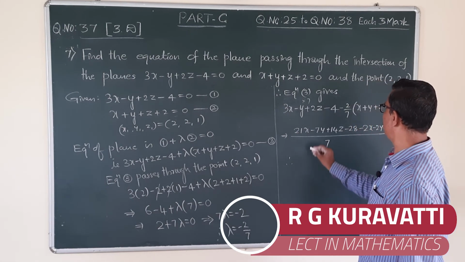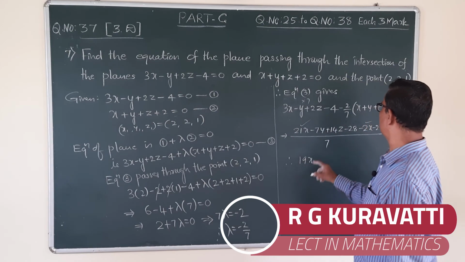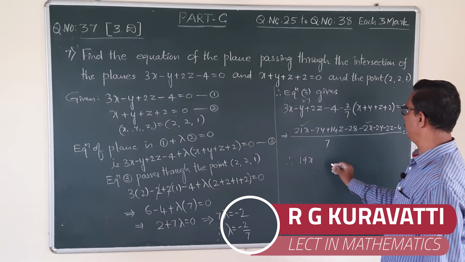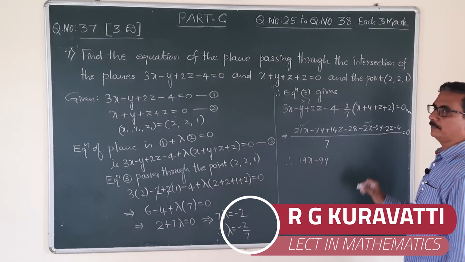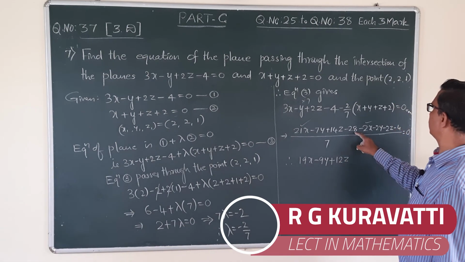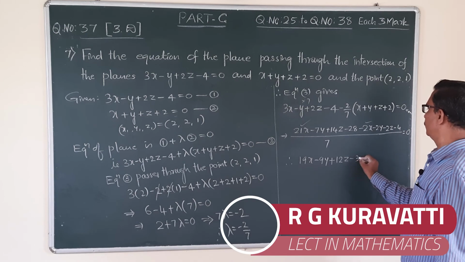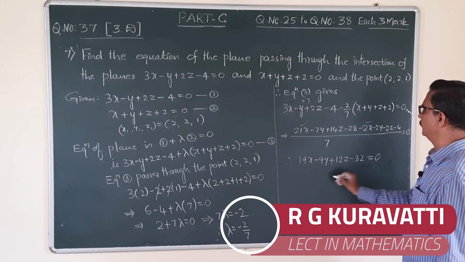Therefore rearrange: 21x minus 2x, 19x; minus 7y minus 2y, minus 9y; 14z minus 2z, plus 12z; minus 28 minus 4, minus 32; cross multiply 7 into 0, 0.